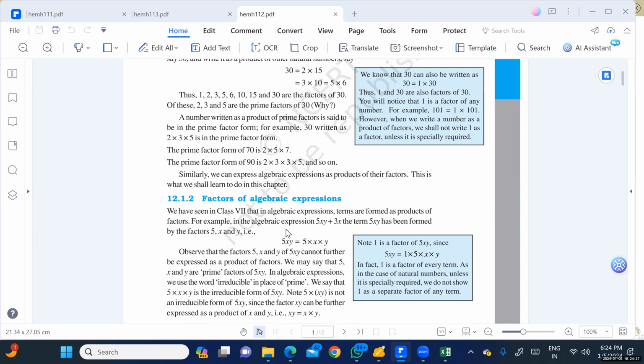For example, in the algebraic expression 5xy plus 3x, the term 5xy has been formed by the factors 5, x and y. How is this formed? By what factors? 5, x, and y.